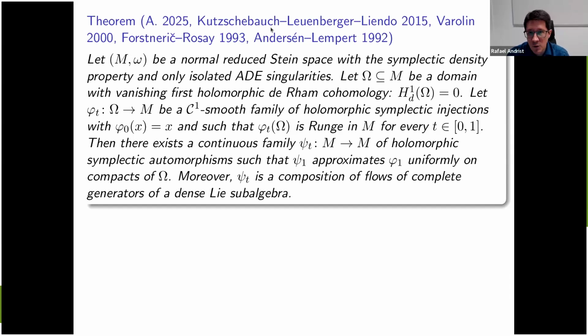Then there was a paper by Kutzschebauch, Leuenberger, and Liendo who generalized it to singular spaces, not just manifolds. But they could only do this for holomorphic automorphisms of singular spaces. So they couldn't handle the symplectic form or the volume form. And this is precisely what I explained in the previous slide.